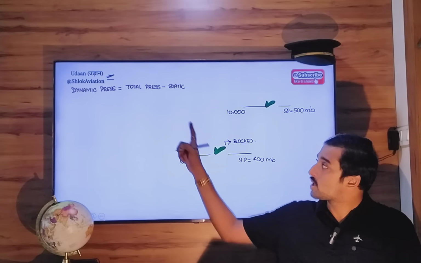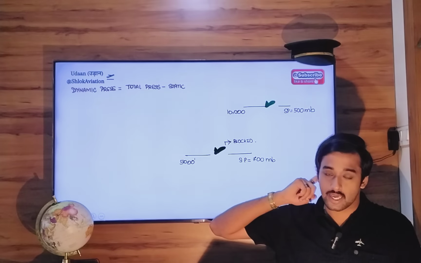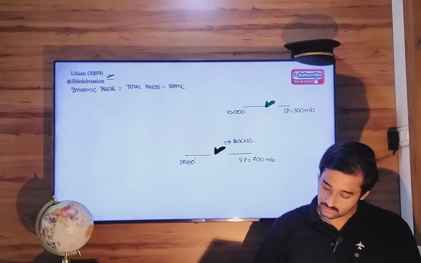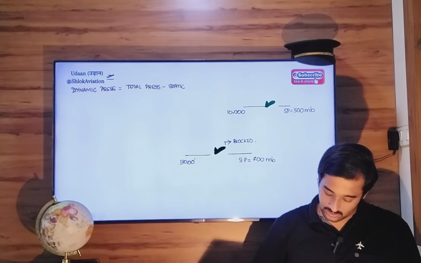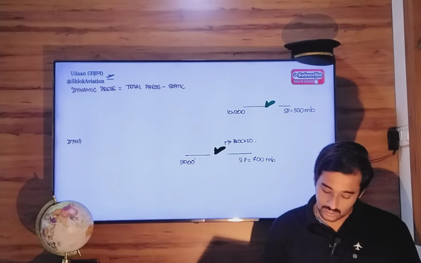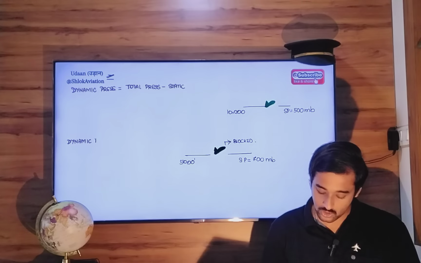At 5000 feet, your dynamic pressure is constant, and at 10,000 feet again dynamic pressure is constant.